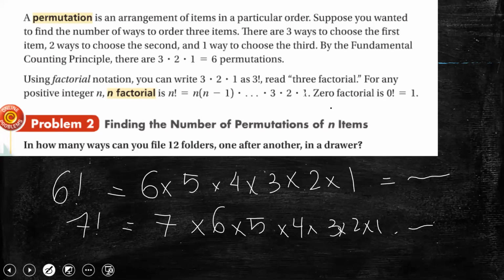You can search about why. But here you have to know that 0 factorial is 1. Okay? Okay, thank you. Welcome.